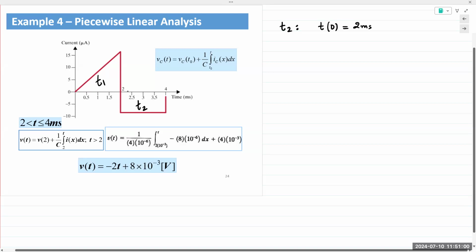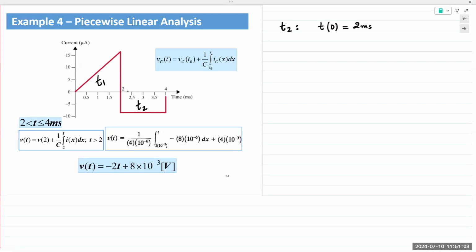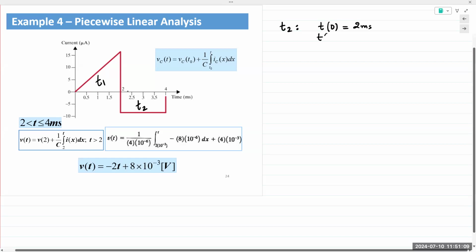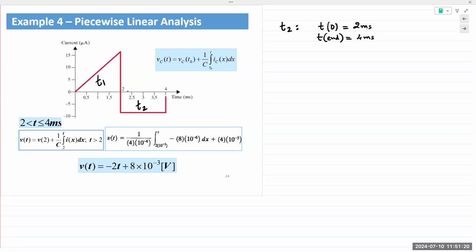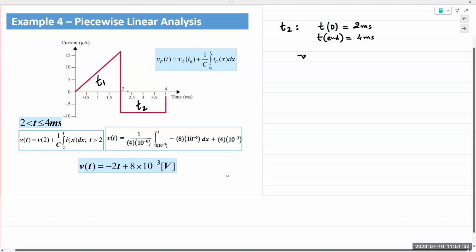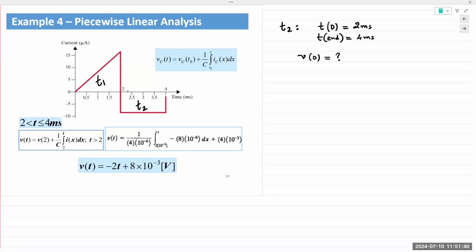So time T0 for the second time period is 2 milliseconds. And the end point of our analysis is 4 milliseconds. Is it starting to make more sense now? Our beginning point of the analysis for T2 is 2 milliseconds. And this time we need to know what the initial stored energy is. So V of 0 for this time period, yes.